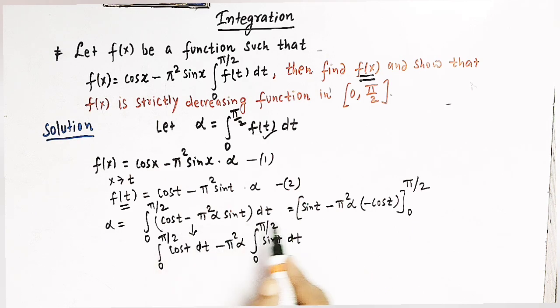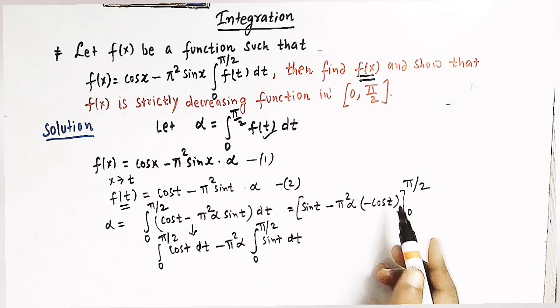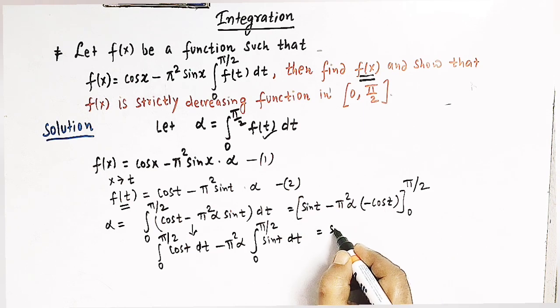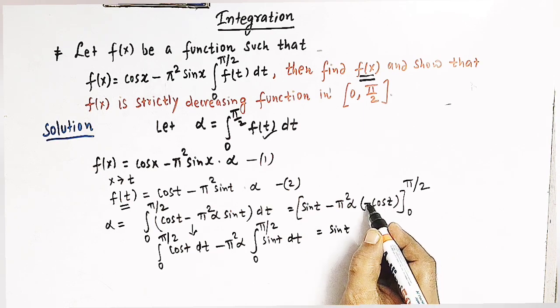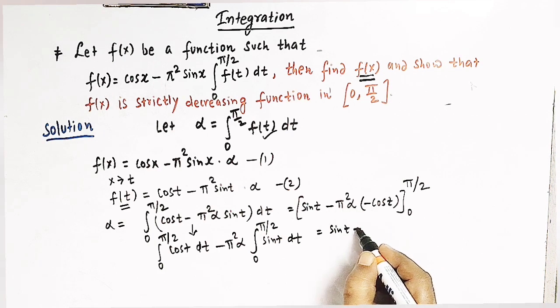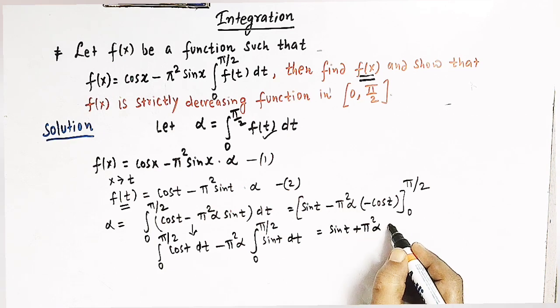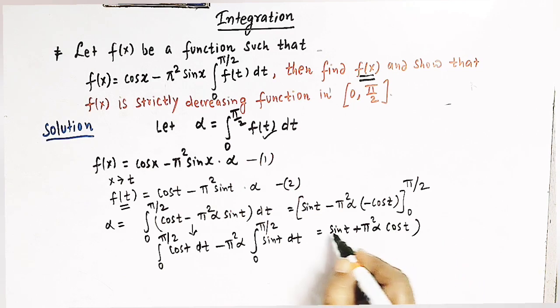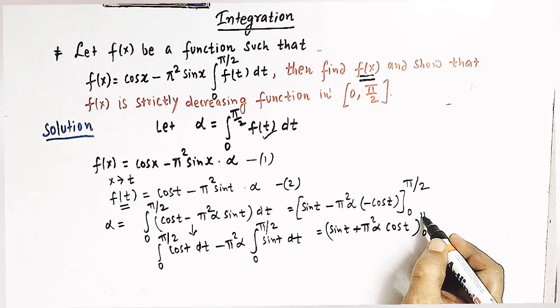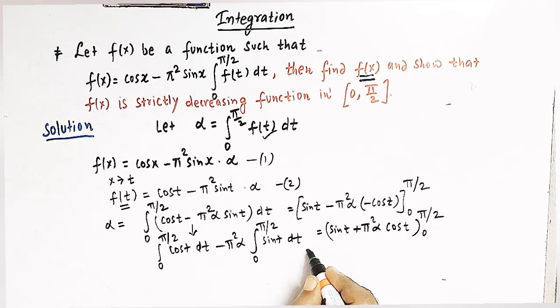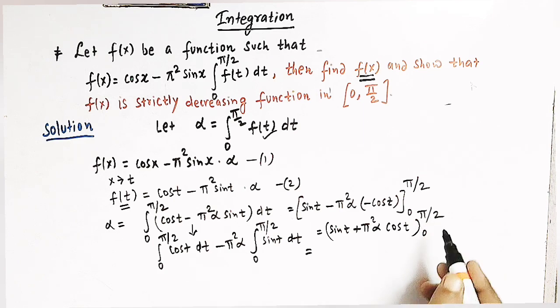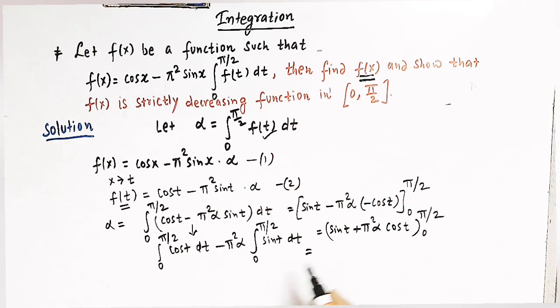Cosine t has integral sine t, and sine t has integral minus cosine t. So now we have sine t, and here minus and minus multiplied together gives us a positive sign, and we have pi square alpha cos of t, and the limits of integration are from 0 to pi by 2. Now let us substitute the limits and take the difference.